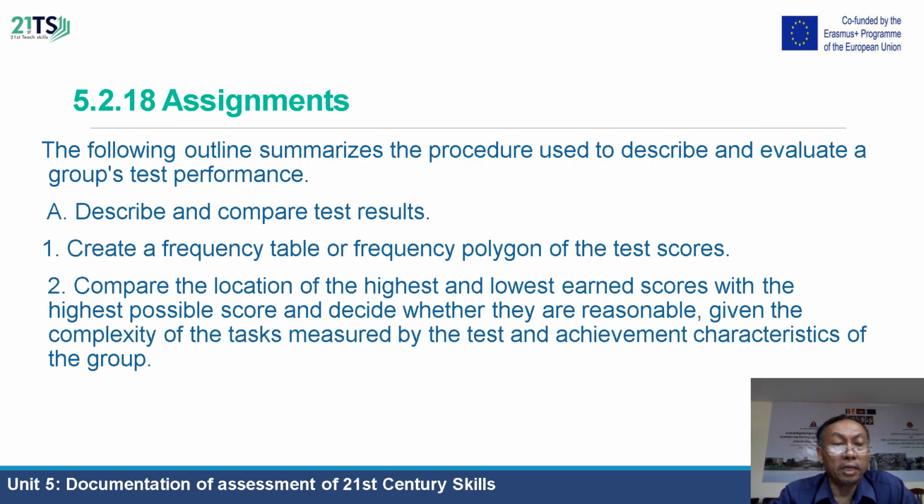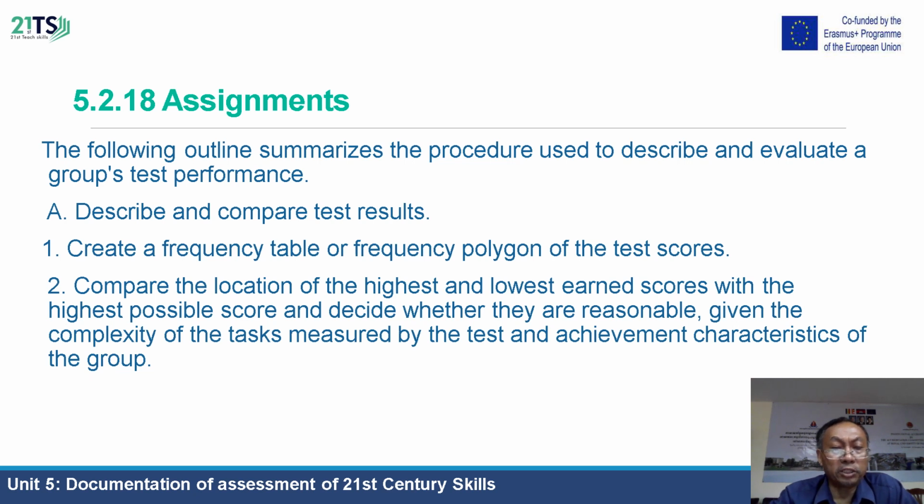To understand this lesson, you have to do this work. The following outline summarizes the procedure used to describe and evaluate a group's test performance. A. Describe and compare test results. 1.